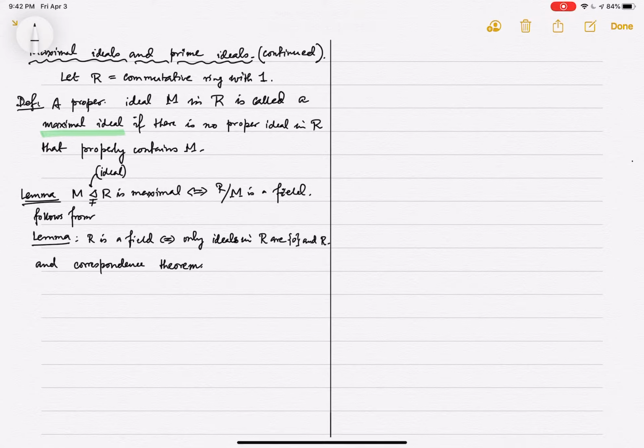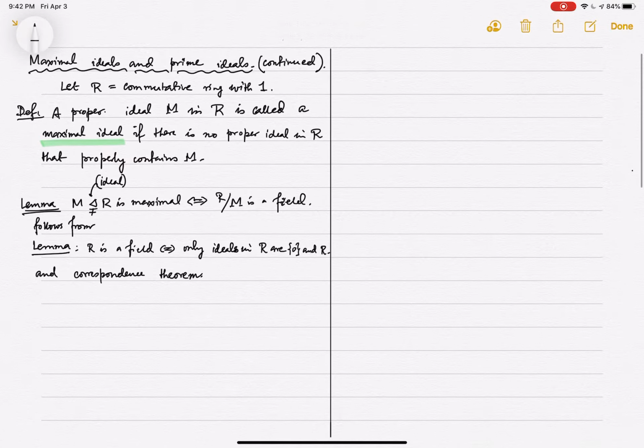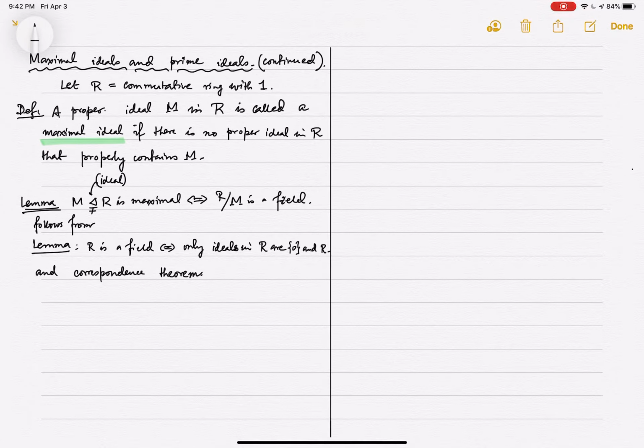So, given this lemma, you know an ideal is maximal if and only if when you quotient by it you get a field. That lets us give some examples. But I need an exercise, I suppose, to give the non-trivial examples, but here are some easy ones anyway. So examples.